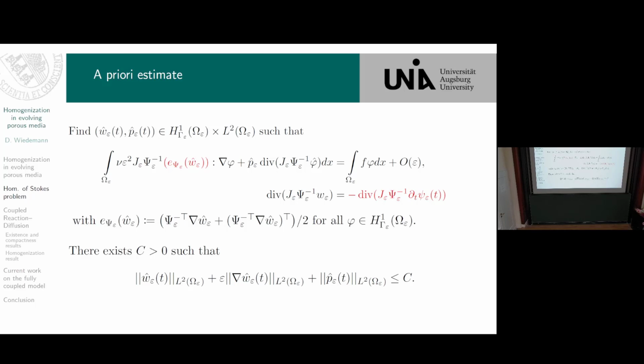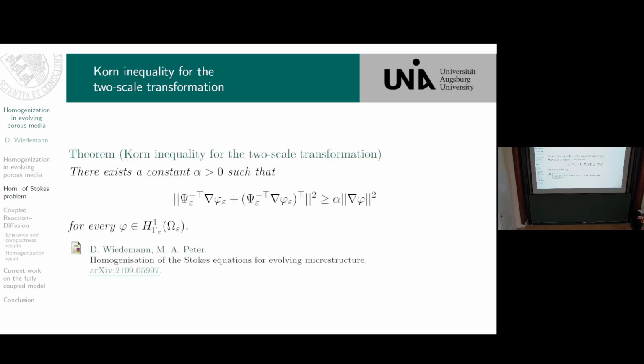But we could show the existence and these a priori estimates by deriving a Korn inequality for the two-scale transformations, where we control this transformed symmetric gradient independently of epsilon, if these transformations have good properties.